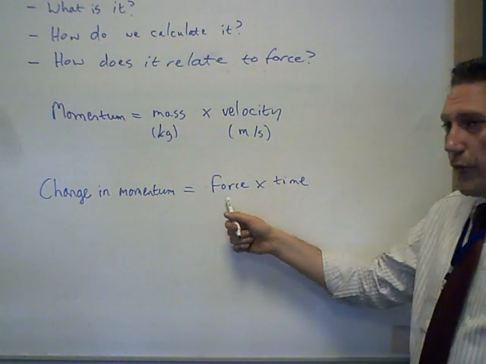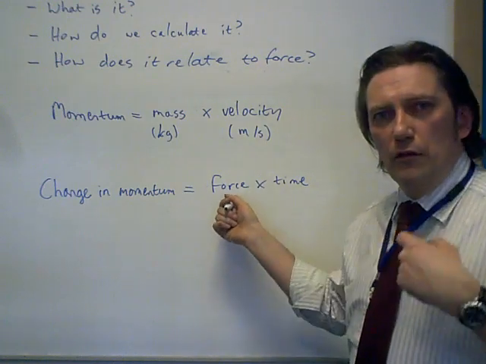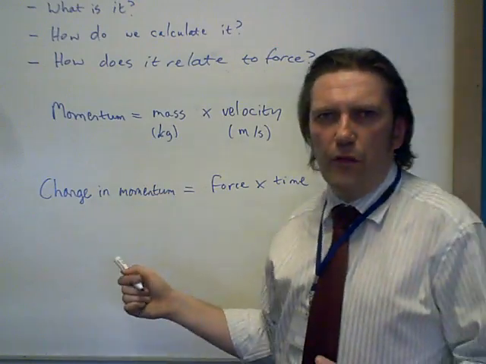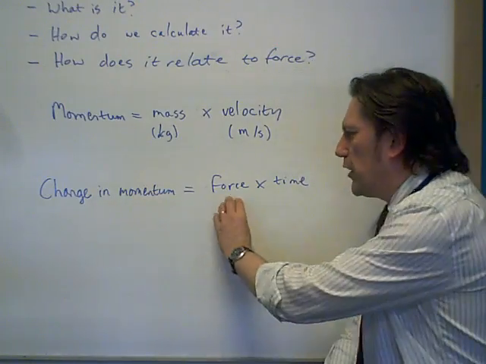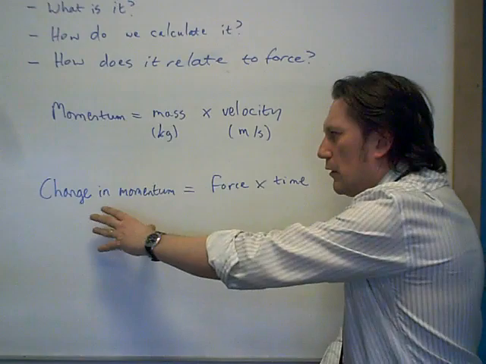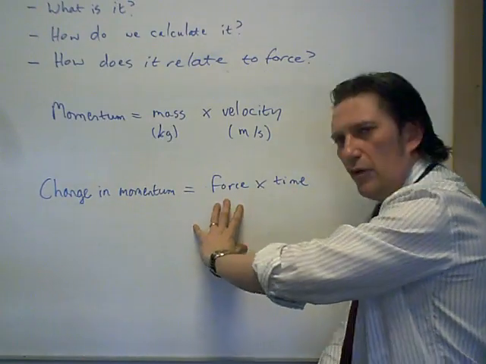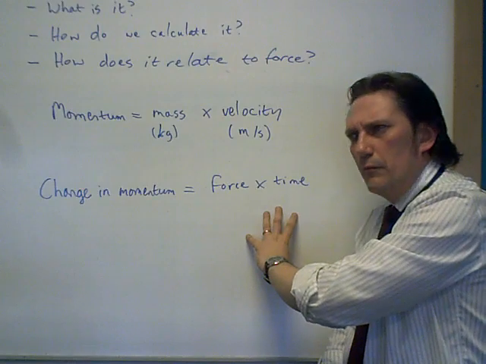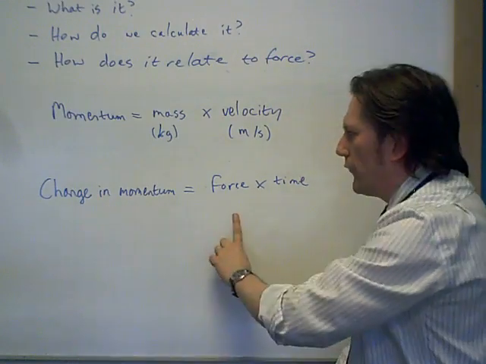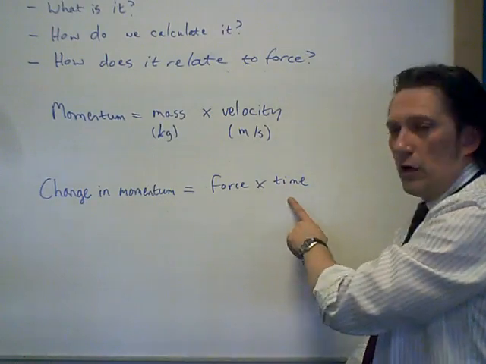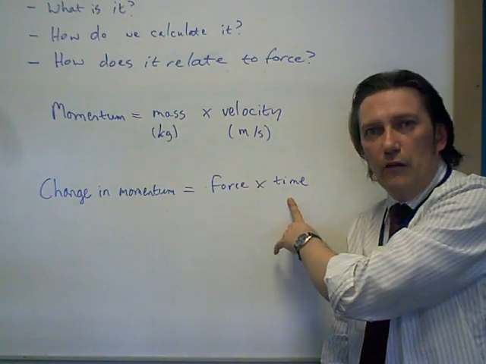So a little force can bring an object to a halt, but it will take more time to do it. Again, look at the story of the equation. A big force will take less time to bring an object to a halt. A little force will take more time to reach the same number. So if this number goes up, to reach the same answer here, this number will have to go down, and vice versa.